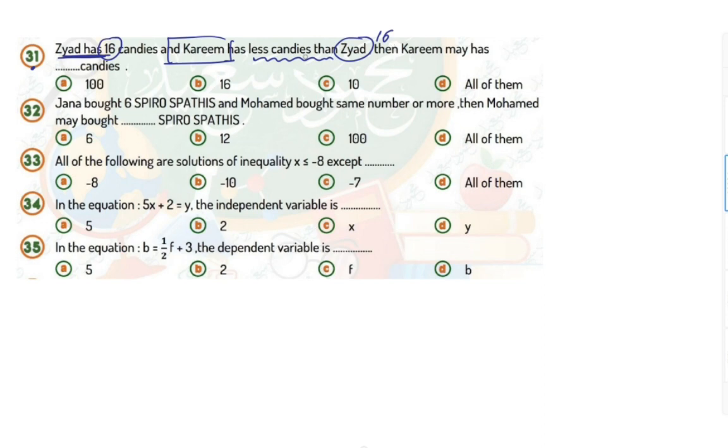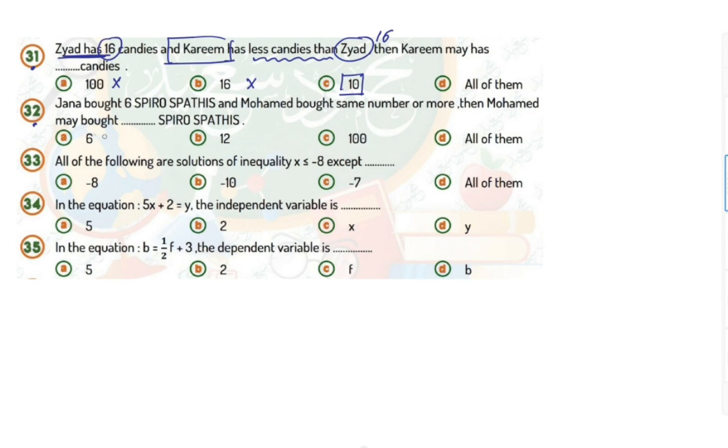So is less than 16 equal to 100? No. Is less than 16 equal to 16? No. Less than 16 is 10.